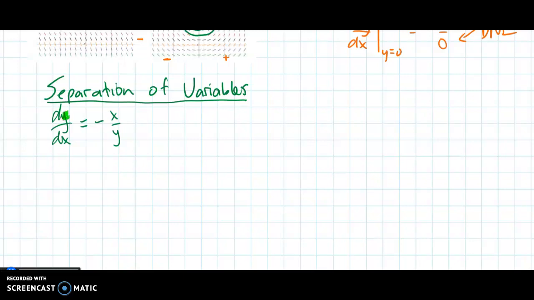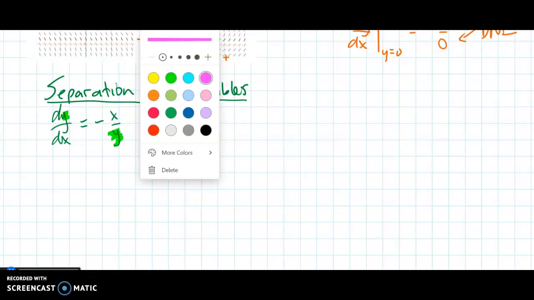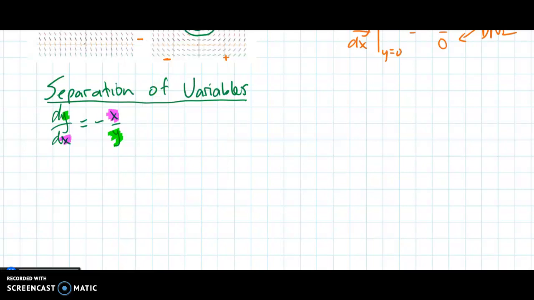We have y here and y here, and then we have x here and x here. What we want to do is get all the x's on one side and all the y's on the other. Typically, you get the x's on this side and the y's on this side, and I think you'll see why that's true as we move along.